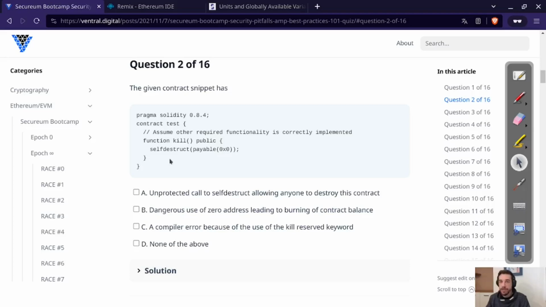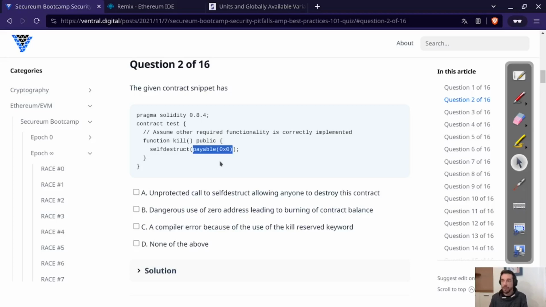One of the proposals suggests that it should become a send all function. Self-destruct does two things. It self-destructs the contract that is calling this, and it also transfers the funds of the contract to a specified address. In this case, to this address.